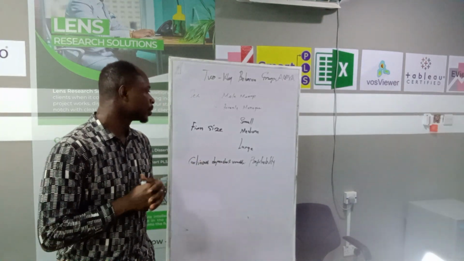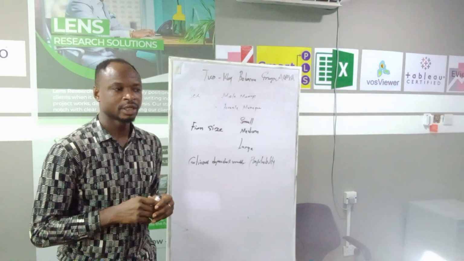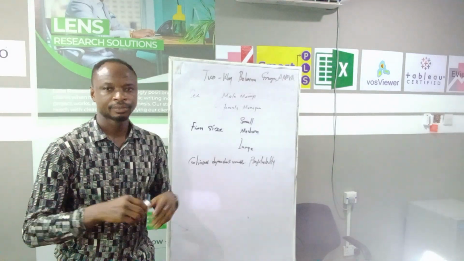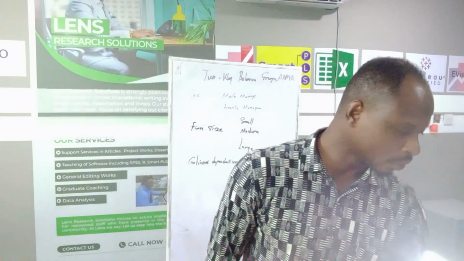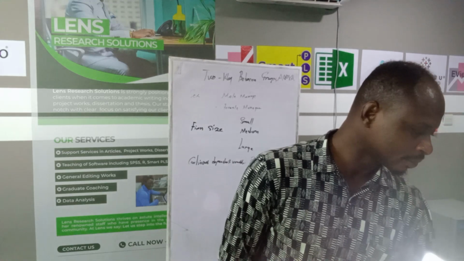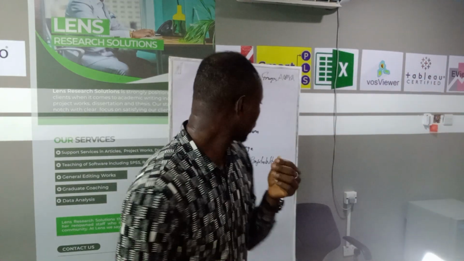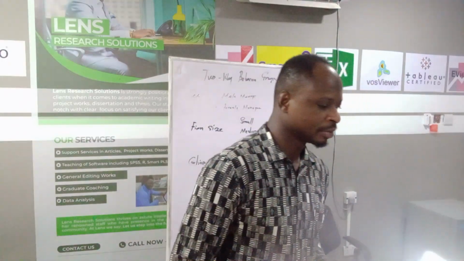Okay. So now let's illustrate it with the SPSS data file. Okay. So let's see how you formulate a question of that sort. Look at this one. It says, what is the impact of age and gender on optimism?